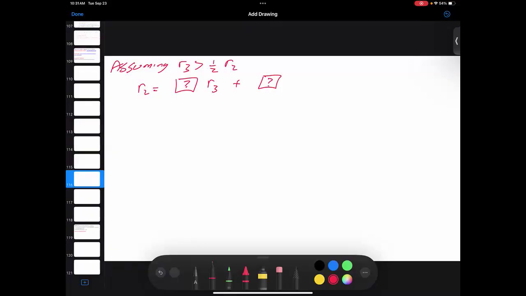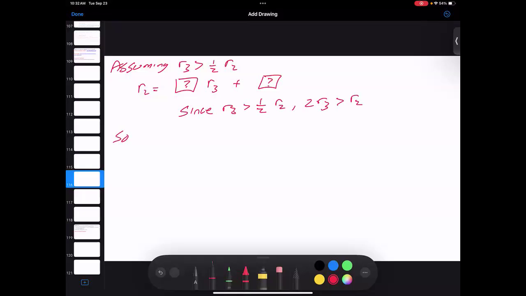In fact, it's more than 1/2 R2. Could we have a multiple of 2 R3s and still be less than R2? Could I have 2 copies of R3 and be less than R2? No. So since R3 is greater than 1/2 R2, 2 R3 is going to be greater than R2.